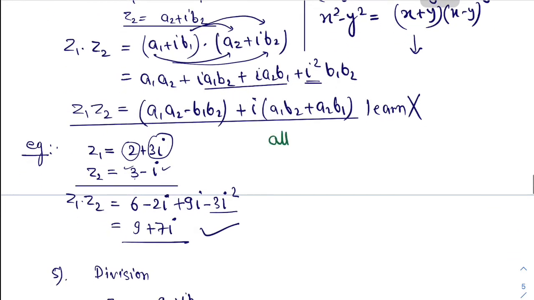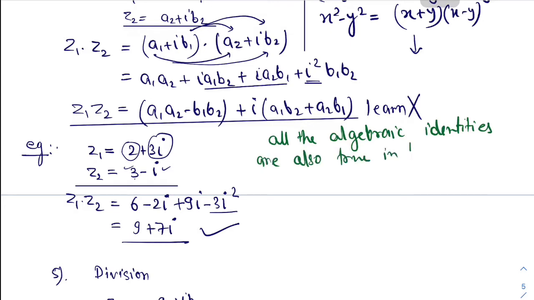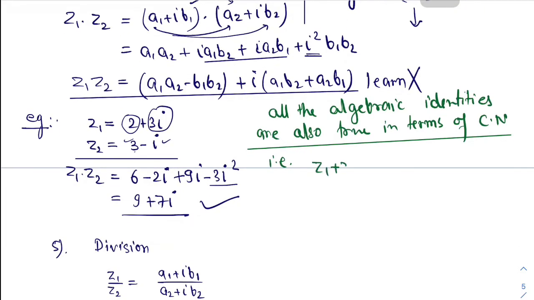Okay, so let me write here: all the algebraic identities are also true in terms of complex numbers. That is, I can write z1 plus z2 whole square is equal to z1 square plus z2 square plus 2 z1 z2.